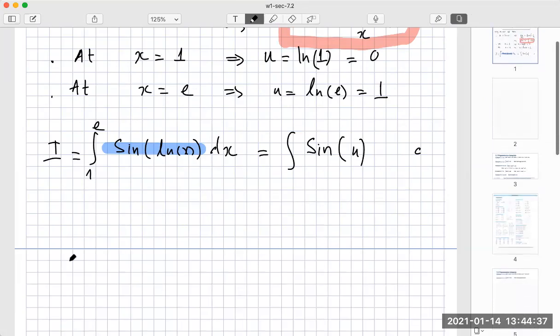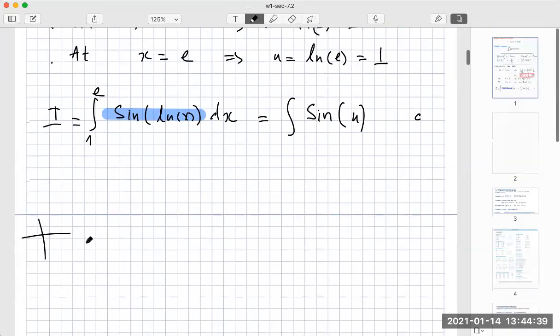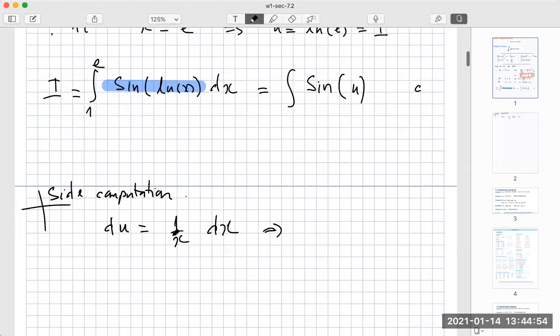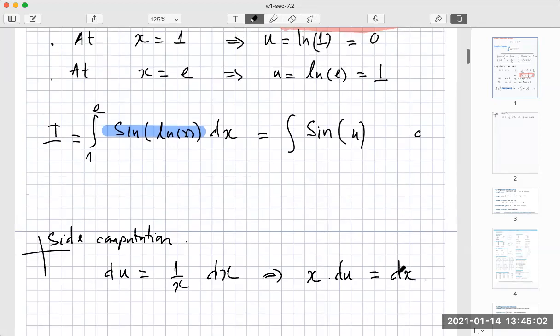Let us do a draft here. We know that du is 1 over x dx. Therefore, we multiply x on both sides. We have x du equal to dx. So it means that wherever dx is, we can replace it by x du, right?